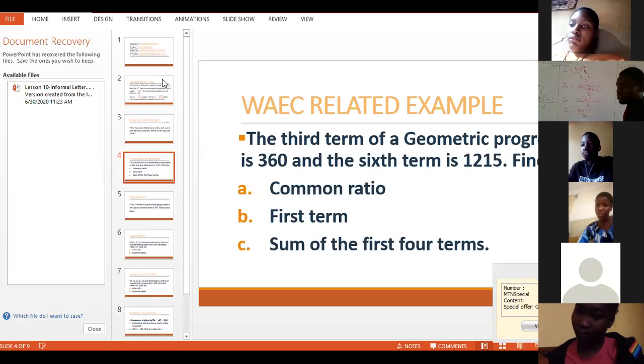And what does that mean? 809 all over half means Sn is equal to 809 times 2. I know you all understand that. 809 divided by half means 809 times 2. You know what I did? All I simply did was remove this half from the denominator, and then I simply say 809 divided by 1 over 2. Change your division to multiplication. It will give you 809 times 2 over 1. So it becomes 809 times 2. That's how this one came.